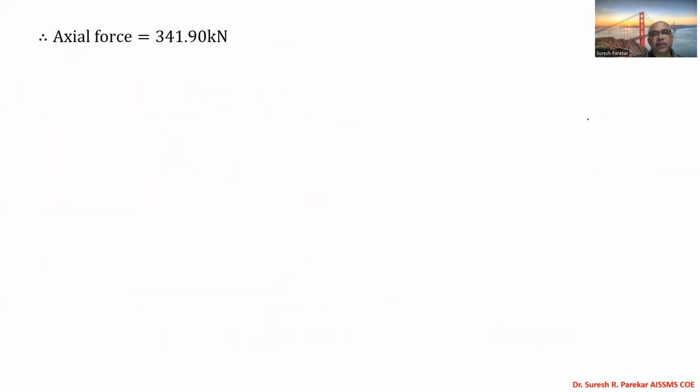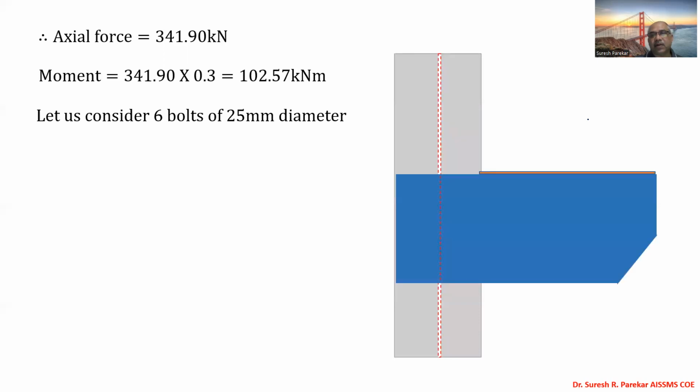Then we have the axial force 341.90, and the moment is 341.90 into 0.3, which is 102.57 kilonewton meter. So let us provide 6 bolts of 25 mm diameter. We are going to consider 140. If we consider this as 250 mm, then automatically my end distance becomes 55 and 55.